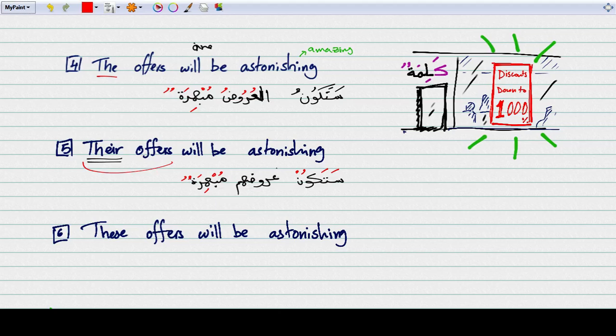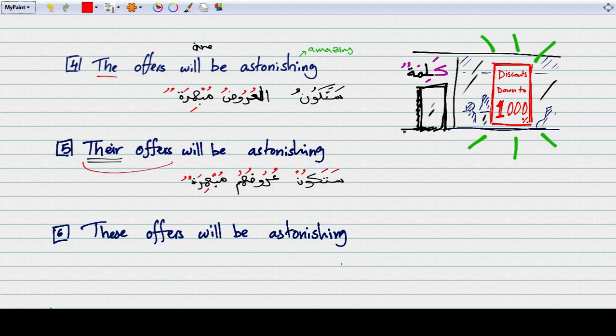Yep. ستكون عروضهم مبهرة. Perfect. Their offers will be astonishing. ستكون عروضهم مبهرة. Okay. So this is also, I think, fairly easy.